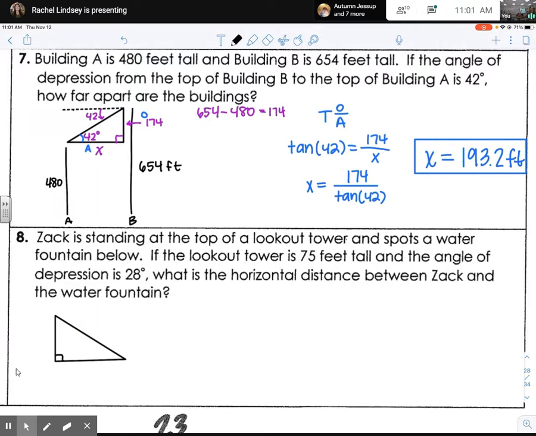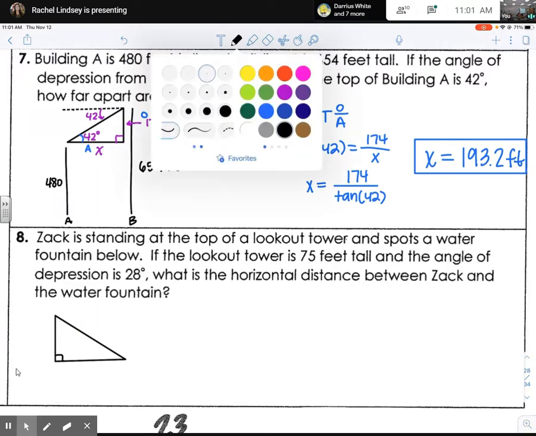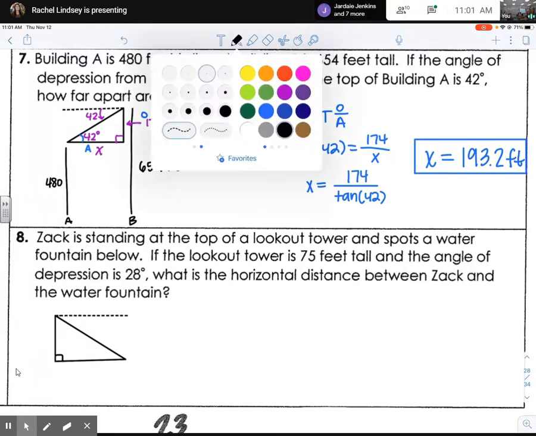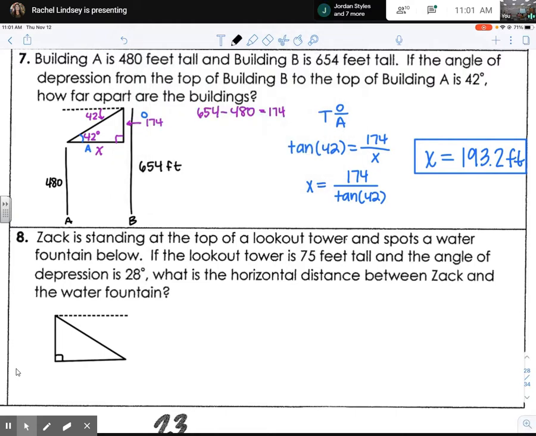Okay, so here's our triangle. We've got our line of sight right here. We're looking at angle of depression. It says Zach is standing at the top of a lookout tower. So there's Zach, and he spots a water fountain below. So down near the bottom, that would be the water fountain. That's his line of sight looking at the water fountain.